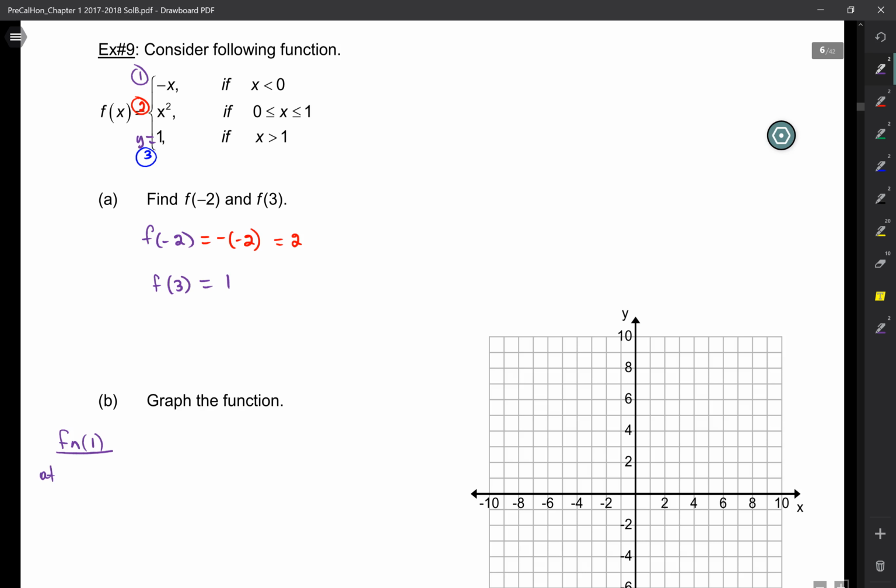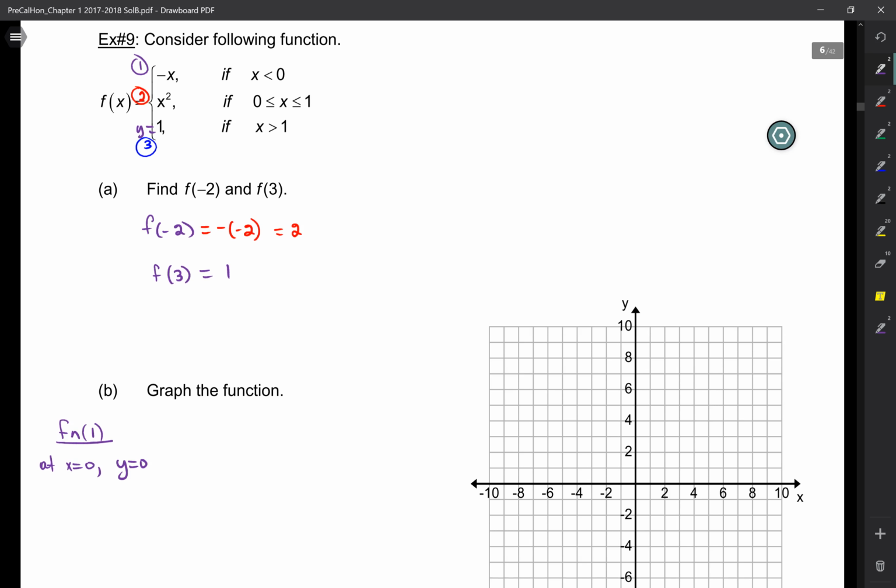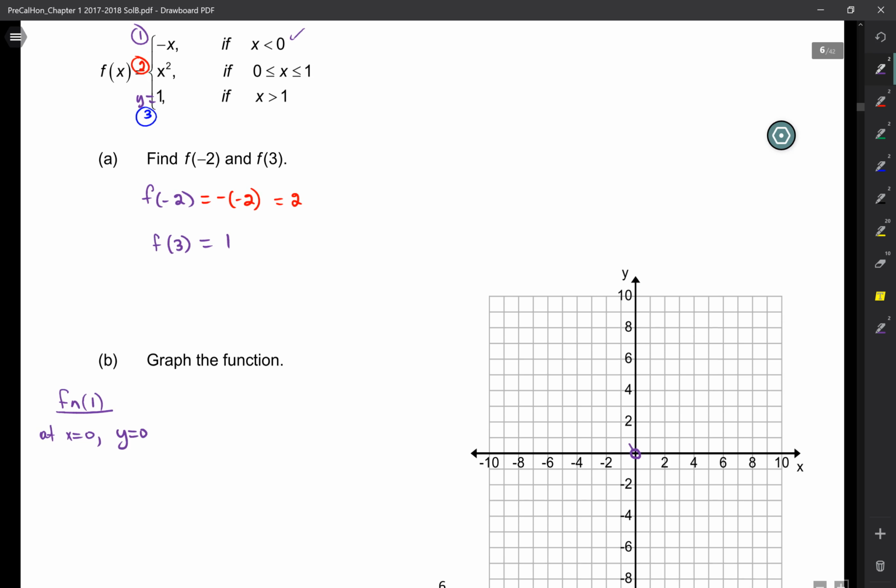So at x equals 0, the y value is how much? 0. Now, at that point, are we going to have an open or a closed circle? Open, because it's x is less than 0, not less than or equal to 0. Now, the equation is y equals negative x. That means it's a line going down with a slope of -1. So you're just going to draw a line with a slope of -1 over there.